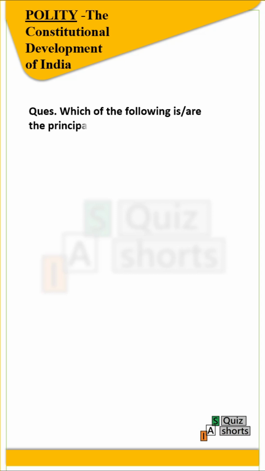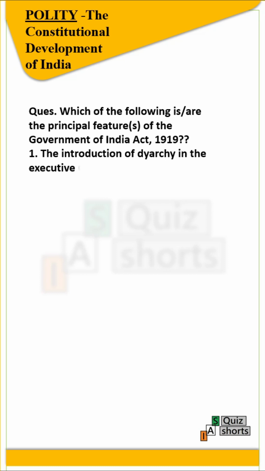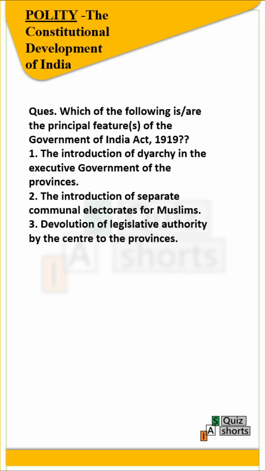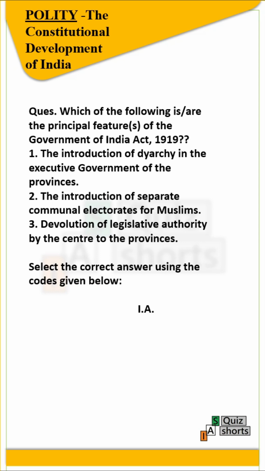Which of the following are the principal features of the Government of India Act 1919? 1. The introduction of diarchy in the executive government of the provinces. 2. The introduction of separate communal electorates for Muslims. 3. Devolution of legislative authority by the center to the provinces.